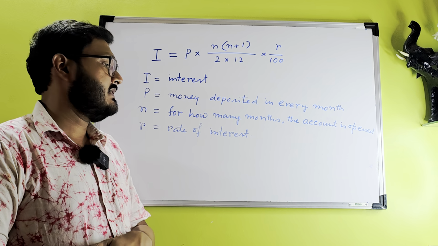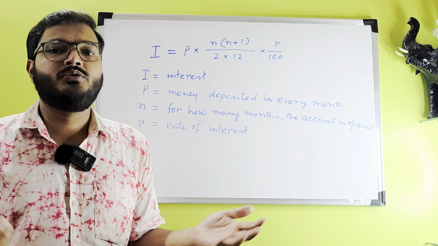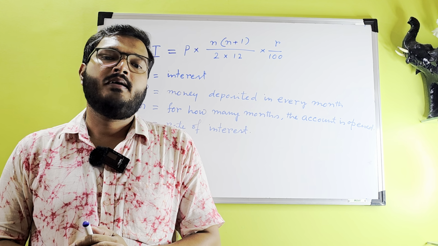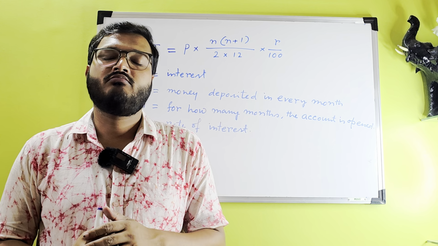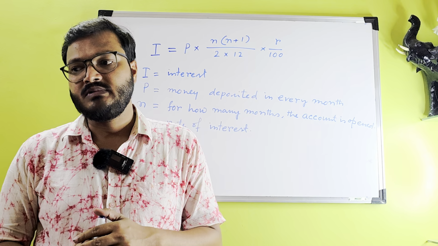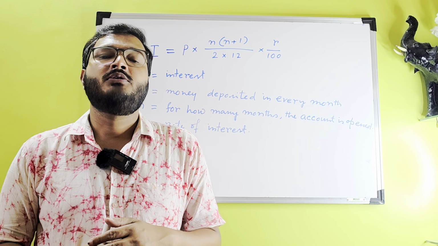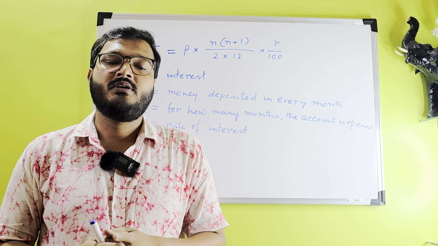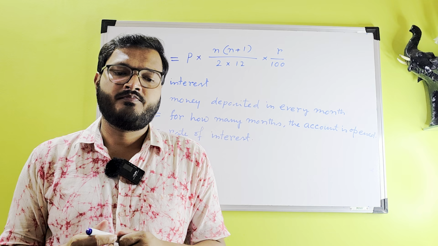Here, one thing is important. Let's say you go to a bank and you thought, okay, I will keep my money for 24 months or 2 years. The bank will ask what kind of account you want to open, and you say I will open a recurring deposit account.